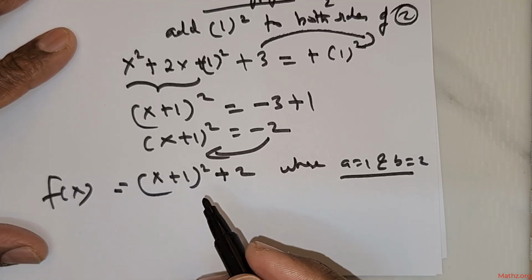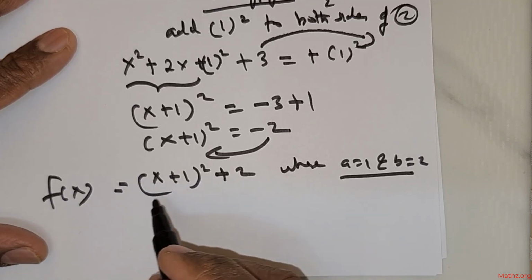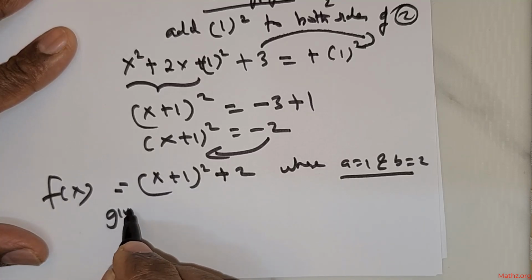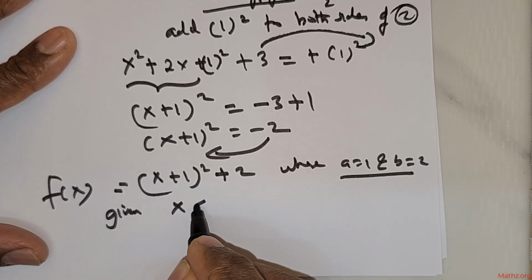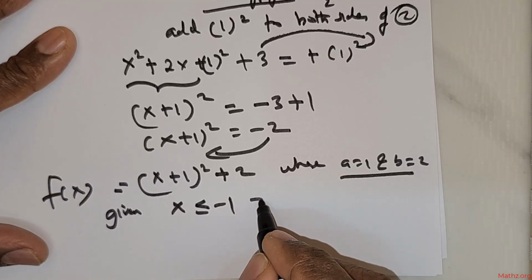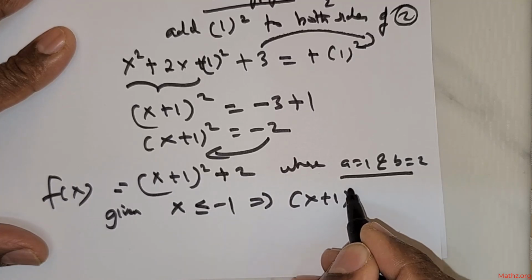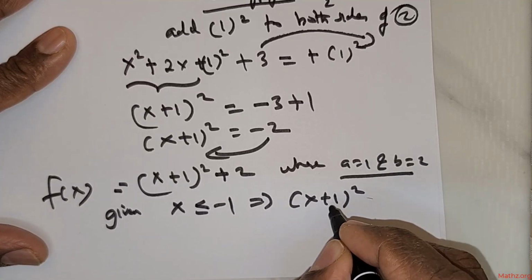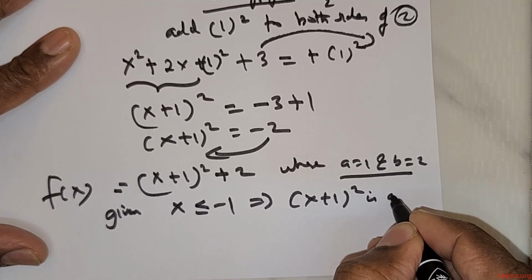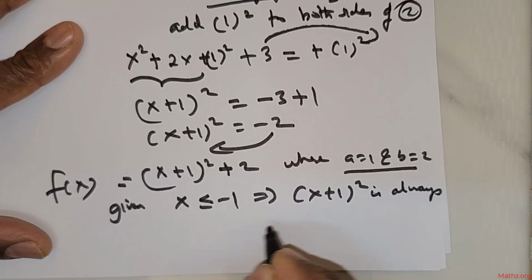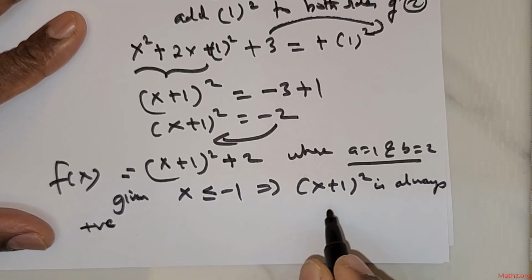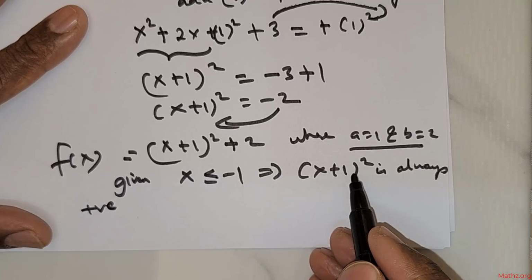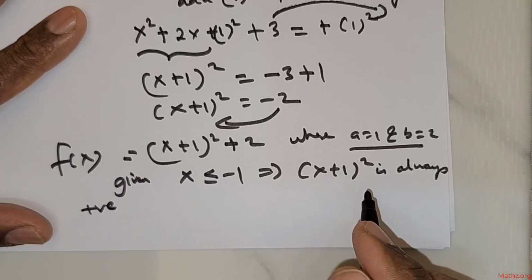Now since they're asking us to find the range of f of x, we are given x is less than or equal to negative 1. So this means x plus 1 is always positive, right? So this means x plus 1 is always positive. Why is it always positive? Because of the perfect square being present.